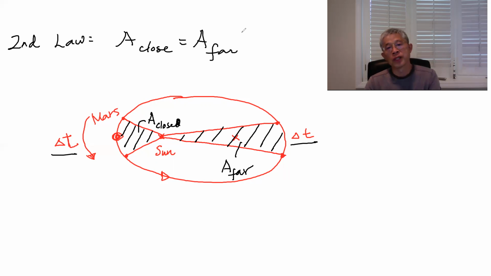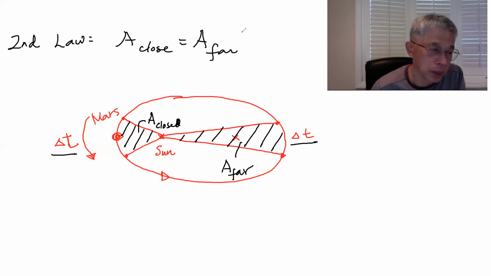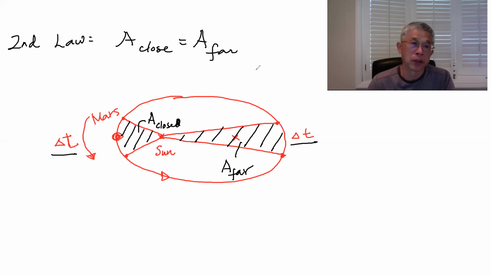And we will revisit this when we study the conservation of angular momentum. And also the energy can be discussed further, strongly related to Kepler's law, but we haven't studied that, so we're going to stop here. So that's the second law.